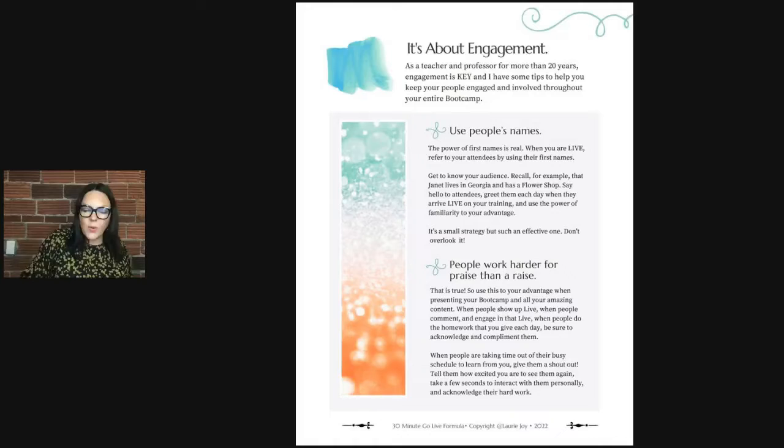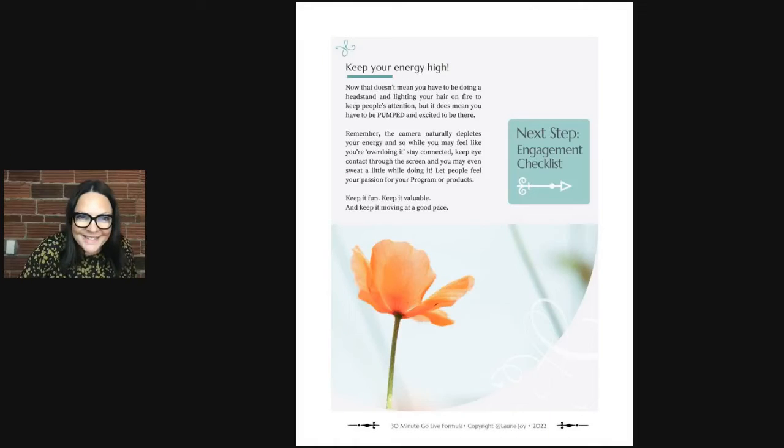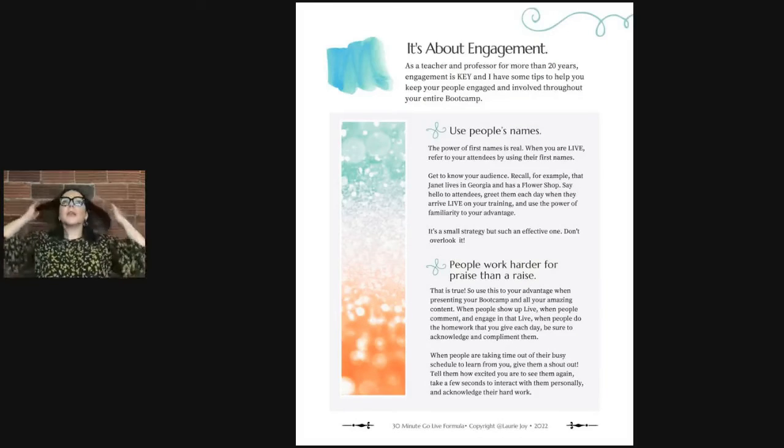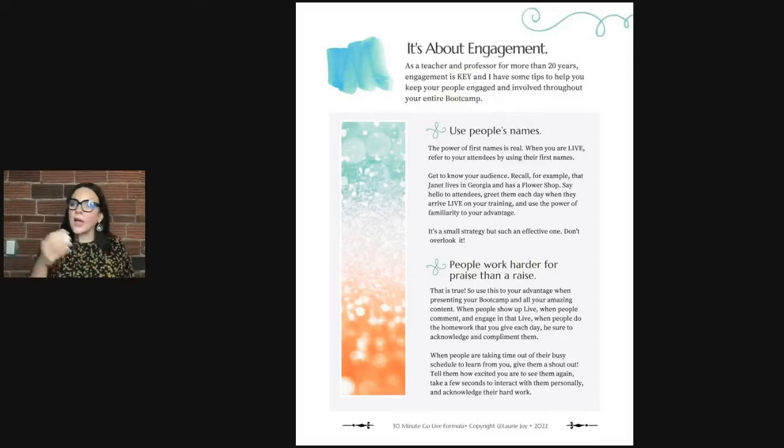You can be asking questions. You can use things like scales. Tell me on a scale of 1 to 10, how comfortable you are with going live. 10 being the most comfortable, 1 being, eek, I want to hide in the trunk of my car before I have to do this, right?